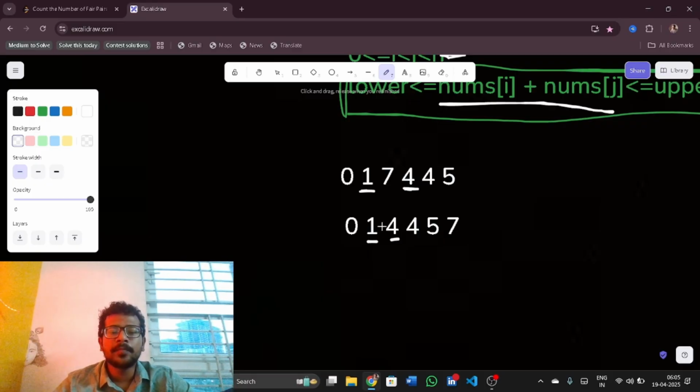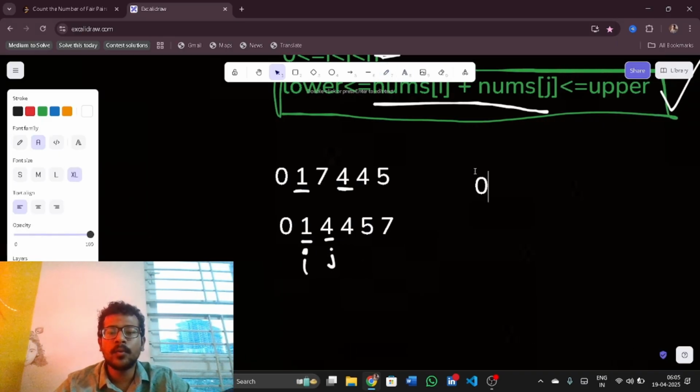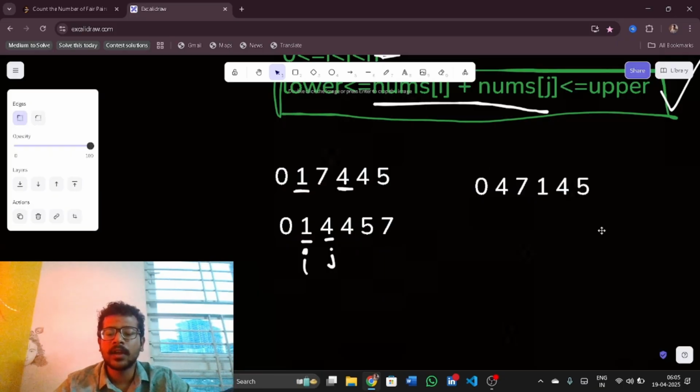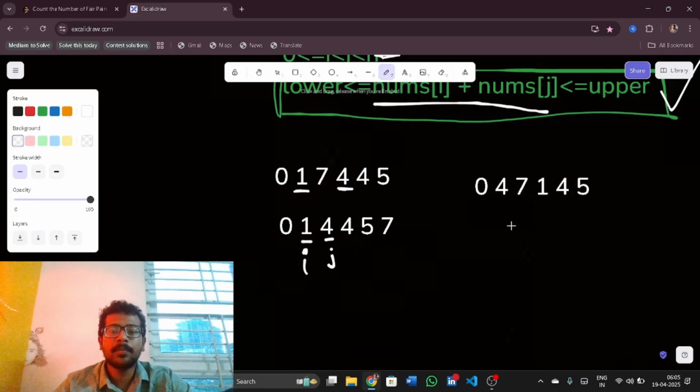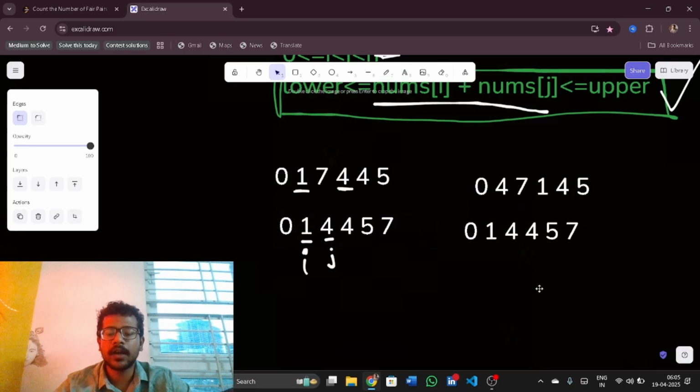So here it will be i, here it will be j. You might think, what if we go with an array like 0, 4, 7, 1, 4, 5? Sorting it again, I get the same thing, 0 1 4 4 5 7.